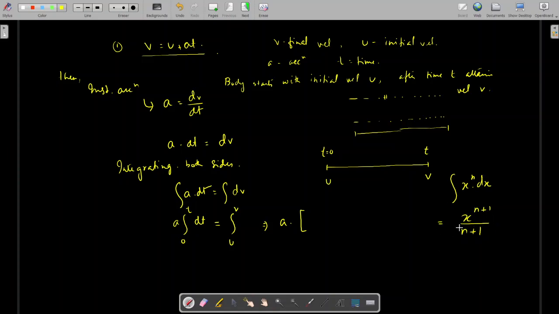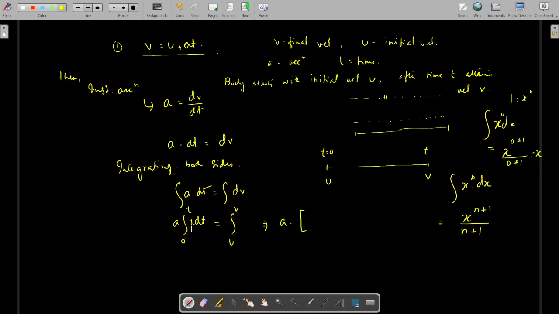This is the formula. But here we don't have a t, we just have 1. So what about the integration of a constant term? Here 1 means x to the power 0, so we can put 1 equal to x to the power 0. Using this formula, it will be x to the power 0 plus 1 by 0 plus 1, that means we get x.